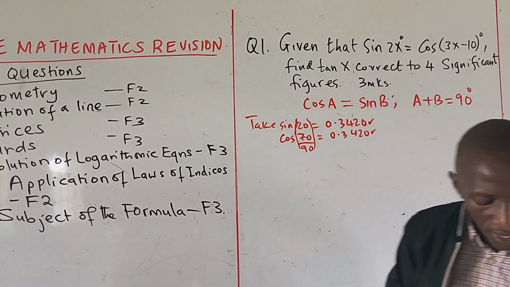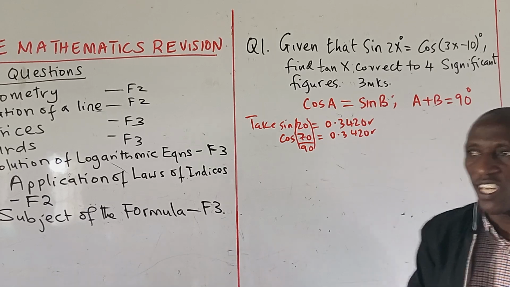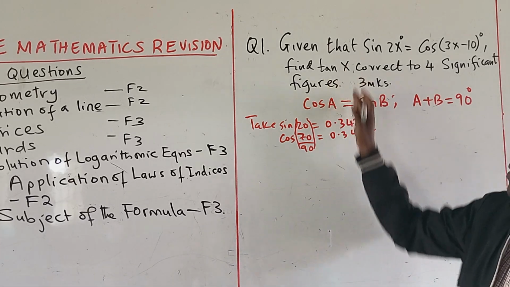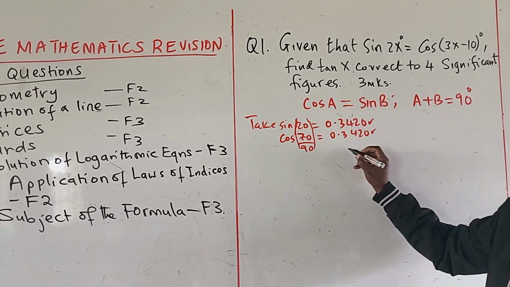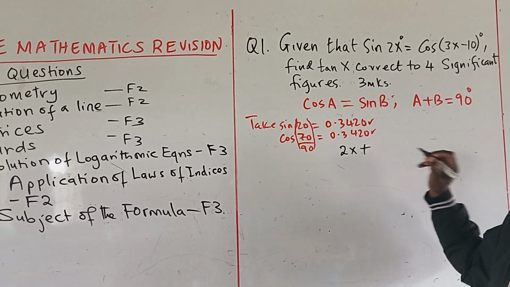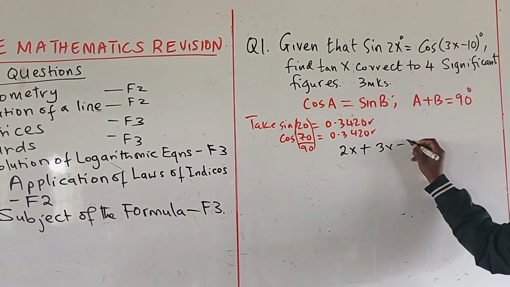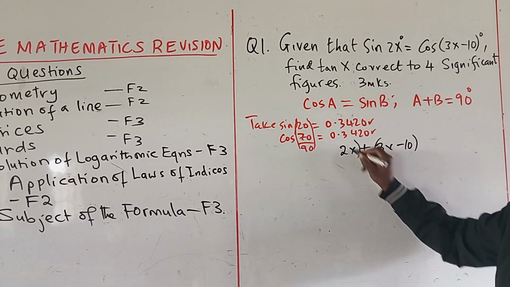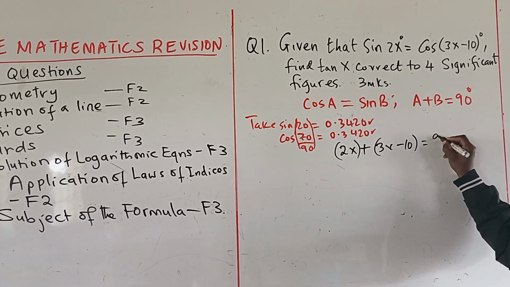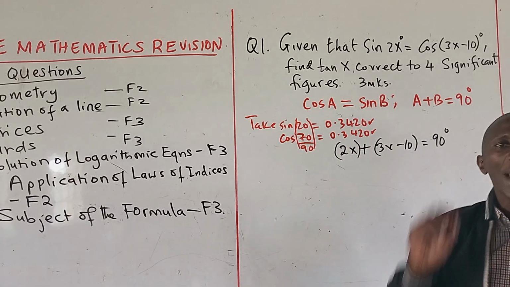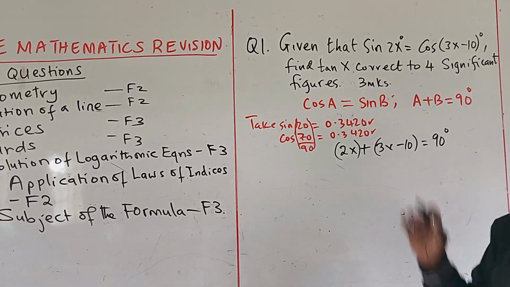So that is the concept that we should apply in solving this question. We get that 2x is our first angle. When I add it to the other angle, 3x minus 10, I get 90 degrees. That is the concept that we should have.